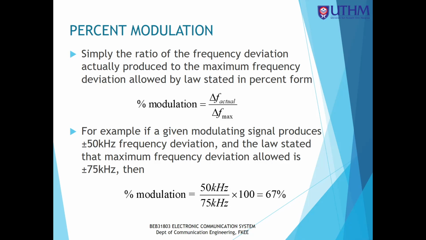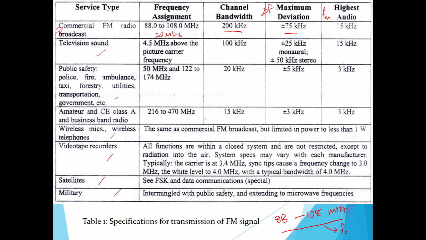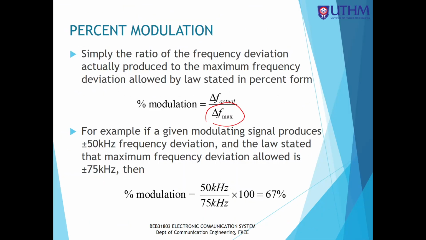For example, we already know delta F max from table 1. Delta F max is 75 kilohertz, the maximum allowed by the standard, and we compare this with the delta F actual.